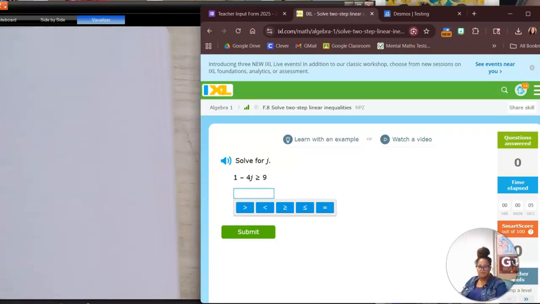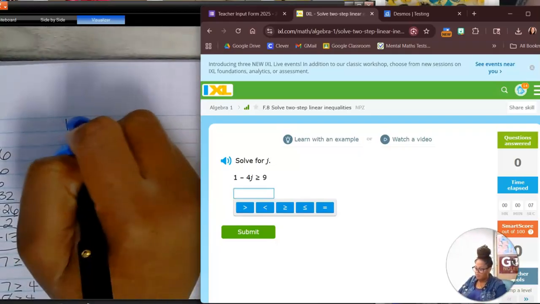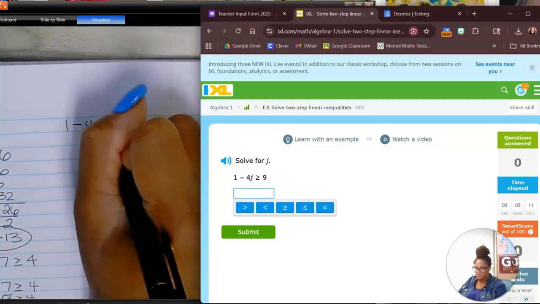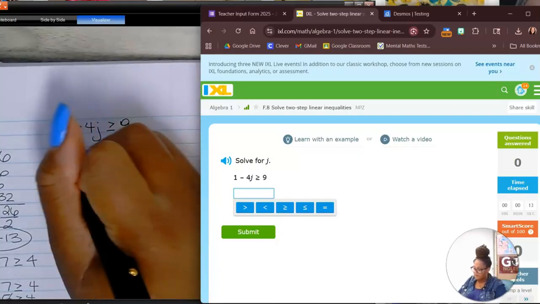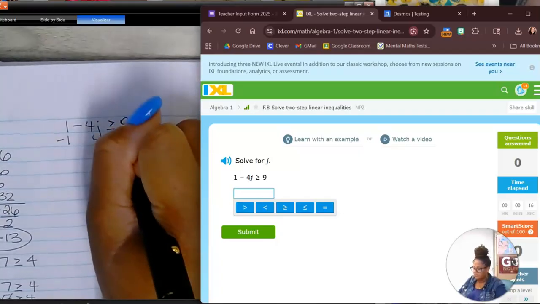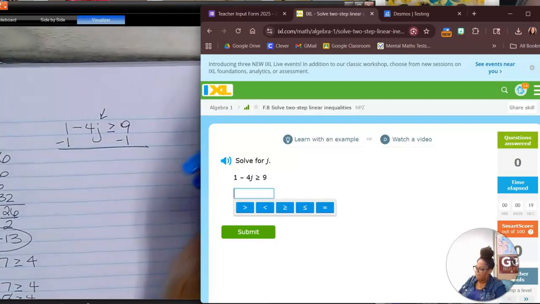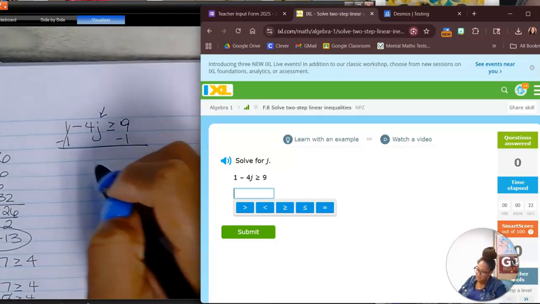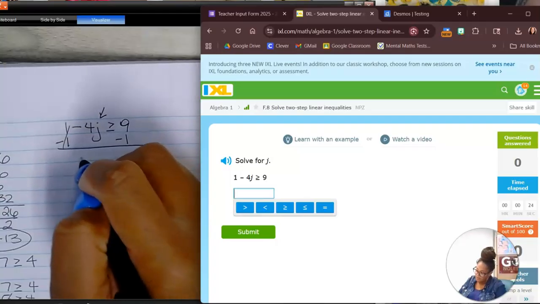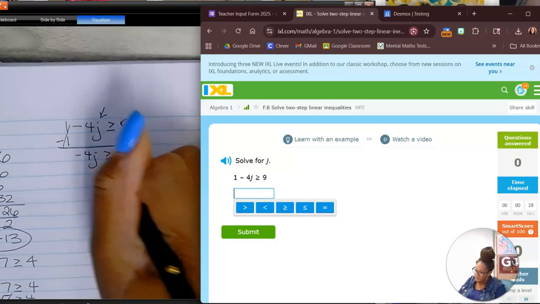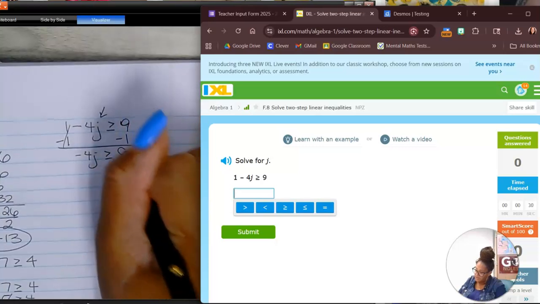So I got 1 minus 4j is greater than or equal to 9. Then I subtract 1, because the goal is to get j by itself. These are canceling out because that's 1 minus 1, which is 0. Negative 4j is greater than or equal to 9 minus 1 is 8.